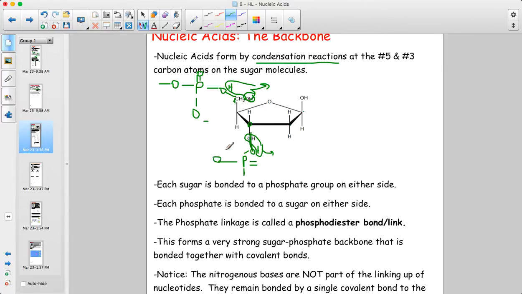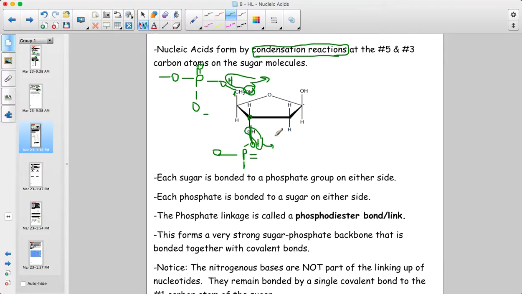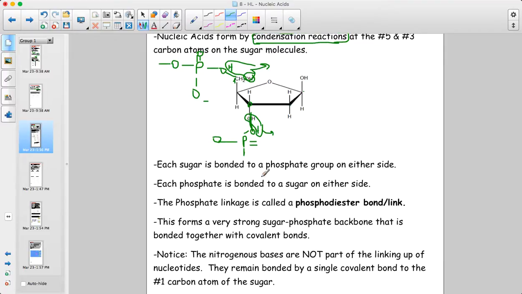It's pretty straightforward. By now, you should be very familiar with condensation reactions, removing water, linking 2 molecules together. The key to remember is where they happen. It's off of the 3rd carbon and off of the 5th carbon, and it's phosphate on either side. So each sugar is bonded to 2 different phosphate groups, and each phosphate gets bonded to 2 different sugar groups.